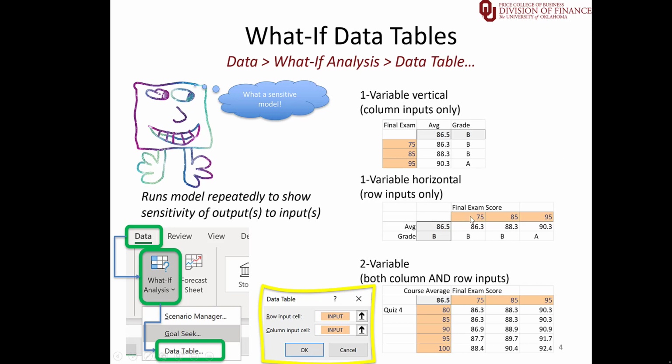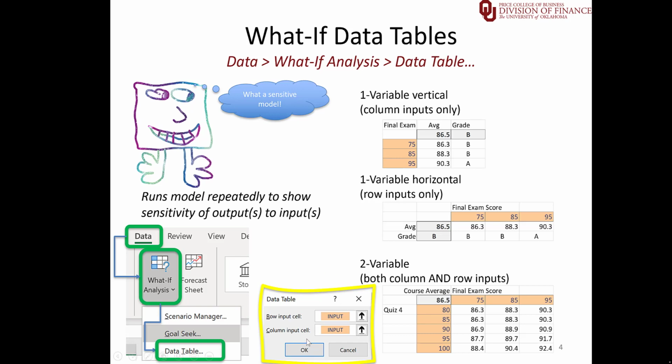Down here, I only had room for one input and as many rows of outputs as I wanted. Here, I can have two inputs and only one output. If you can figure out a way to geometrically make that work in a spreadsheet better than that, let me know, but that's the limitation on what-if data tables in Excel.